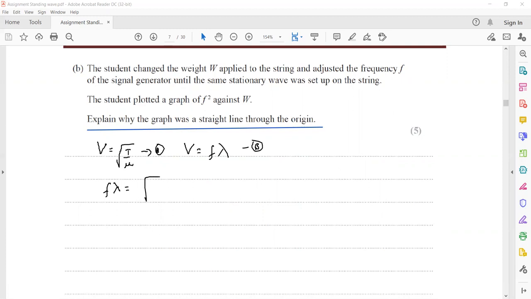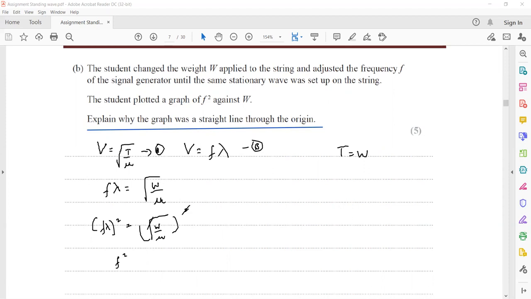Instead of T, I can write W because tension is equal to weight. So weight divided by mass per unit length. When we square both sides, the square will cancel with the root.